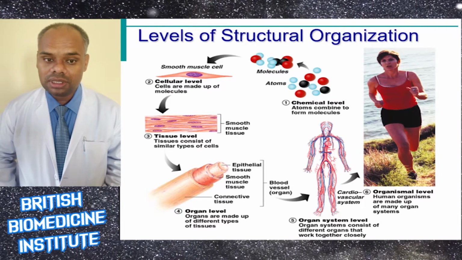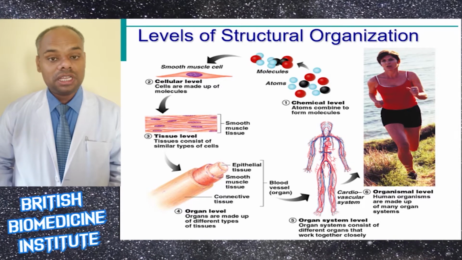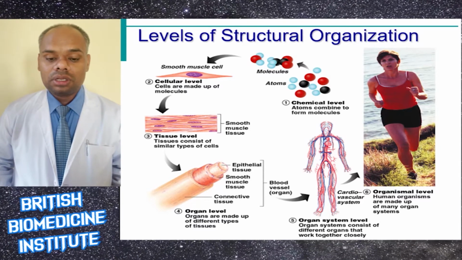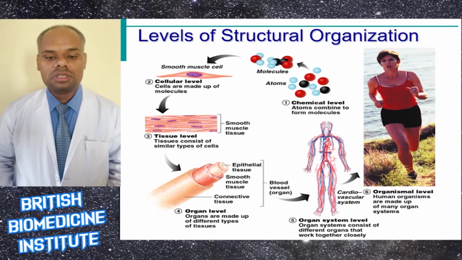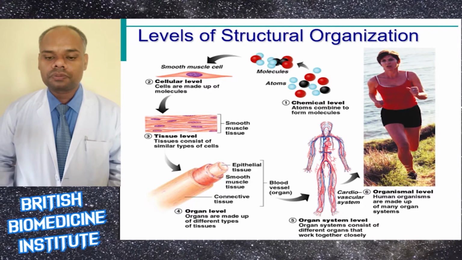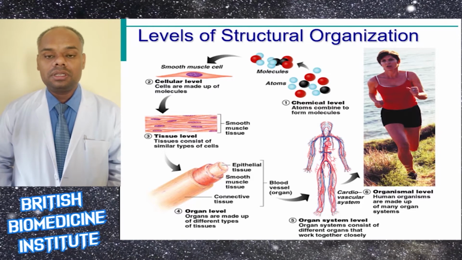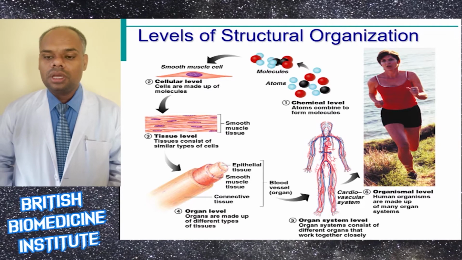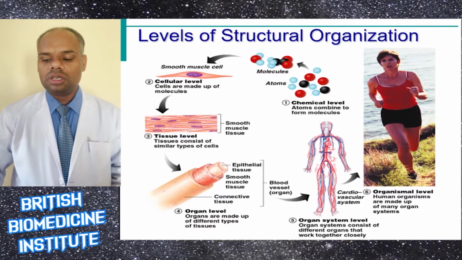At the tissue level, tissue consists of similar types of cells, like smooth muscle tissue. At the organ level, organs are made up of different types of tissues, like epithelial tissue or smooth muscle cells, and they also help in forming blood vessel organs. At the organ system level, different organs work closely together. And at the organism level, human organisms are made up of many organ systems.